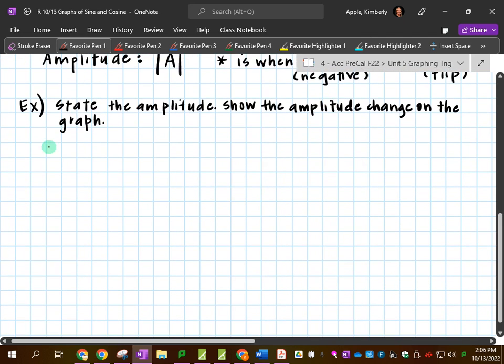Let's say it's going to have a part A with sine and a part B with cosine. So let's say I've got this function f of x equals 2 times the sine of x.